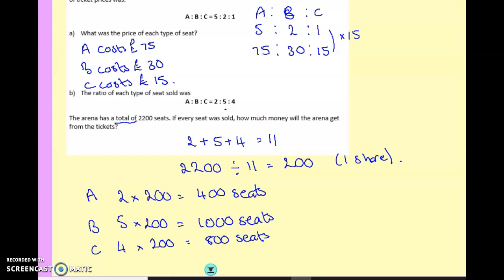Okay, but we're not asked how many of each seat would be sold. We are asked how much money they would make. Okay, so A cost 75 and there were 400 seats. So I need to do 400 times 75, which is, let's get my calculator out now, 30,000.